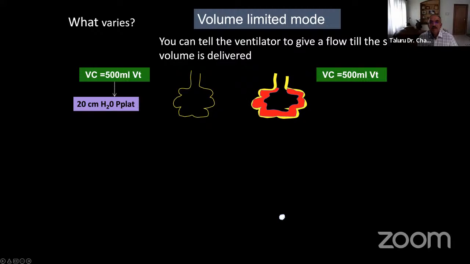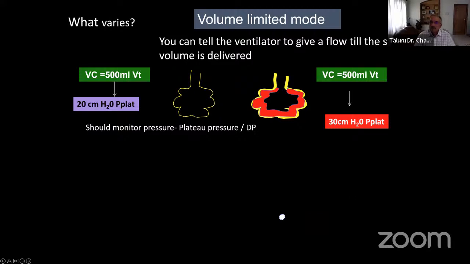Suppose in volume mode I have told the ventilator, deliver 500 ml. The pressure will increase, yes, obviously, because the volume is prefixed. So now the P flat became 30. But that is what you have to monitor. You have to understand that in volume controlled ventilation, irrespective of what pressure change occurs, volume is delivered. So you should monitor P flat and driving pressure.